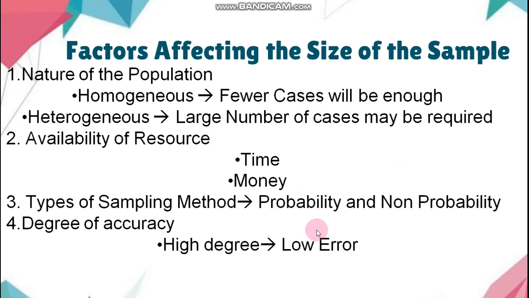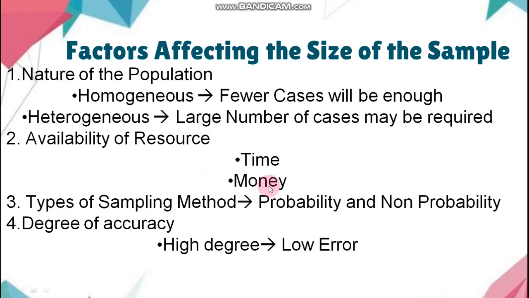Next one is availability of resource. This is the thing deciding sample size of the research work because he has to spend money and time for collecting data. If the project is done by PG students, they could spend few months only for research work.